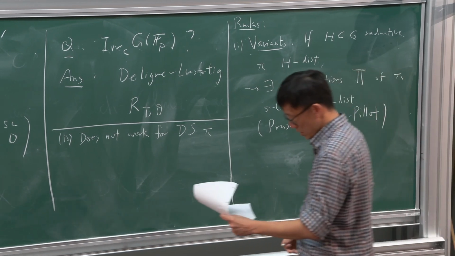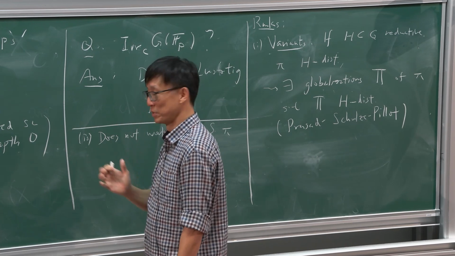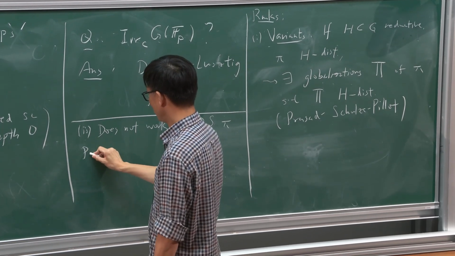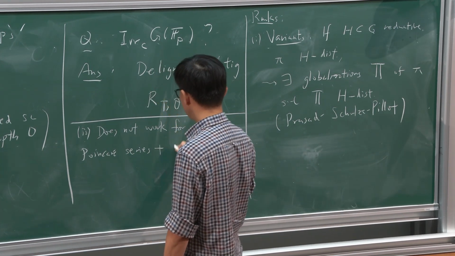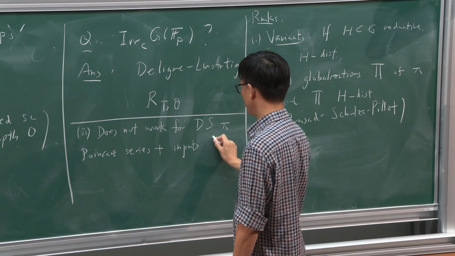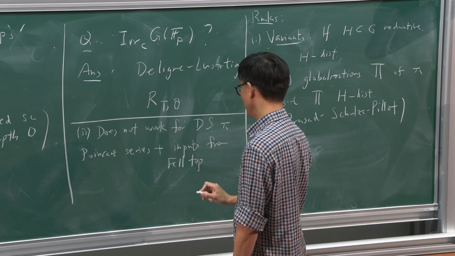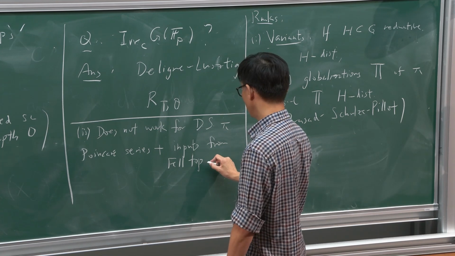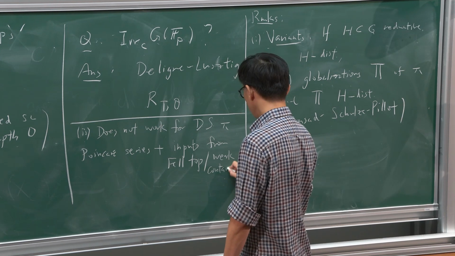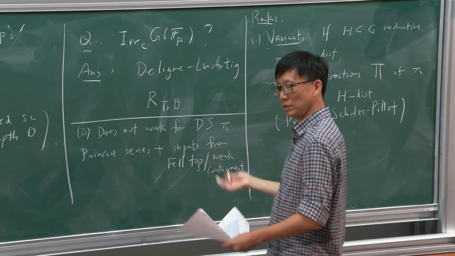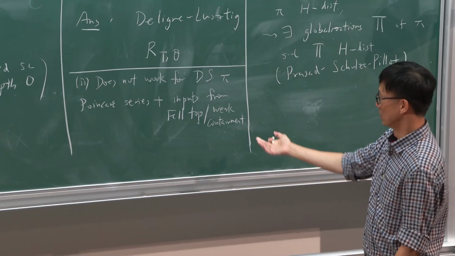All right, but in this case, still using Poincaré series plus inputs from unitary representation theory, I'm thinking of things like Fell topology, weak containment. I don't know how to classify this type of results. These are unitary representation theory developed by Mackey and others.